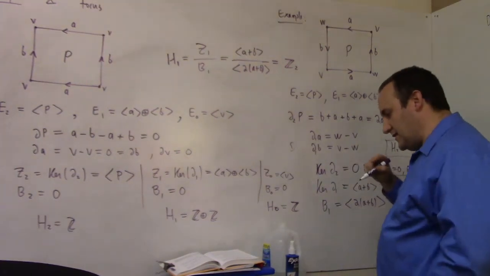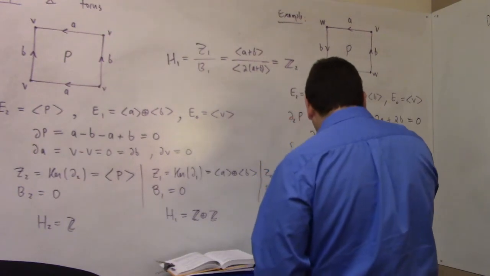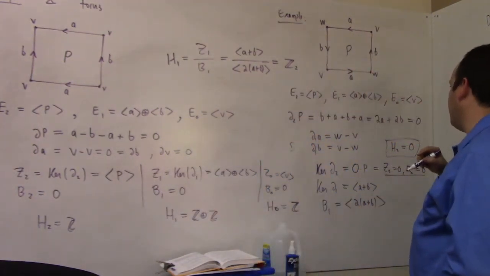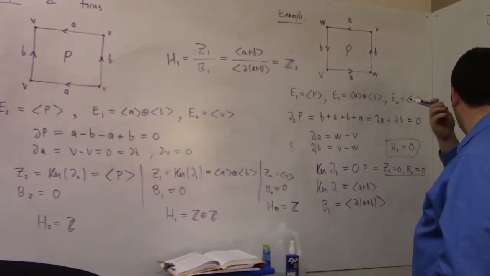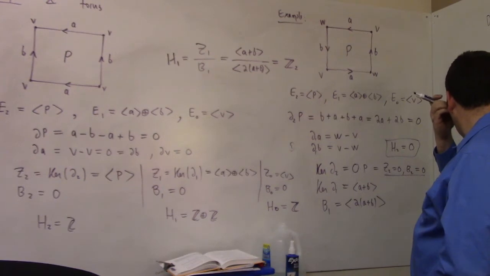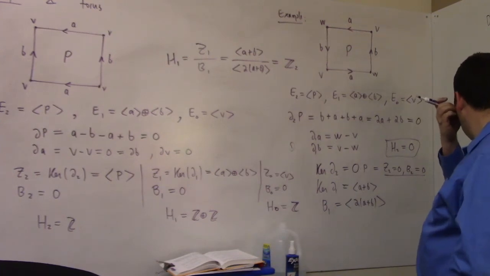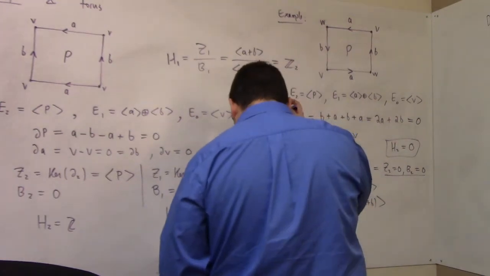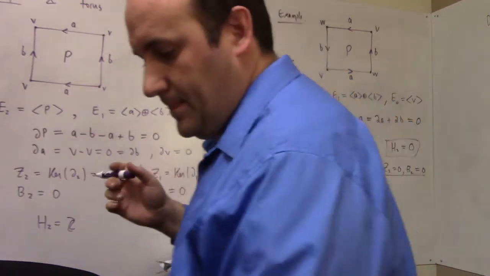And then he calculates the last one. So the kernel is the whole thing, since we saw that the boundary of W and the boundary of V are both 0. So it's going to be generated by V plus generated by W. And then the boundary is just the image of.